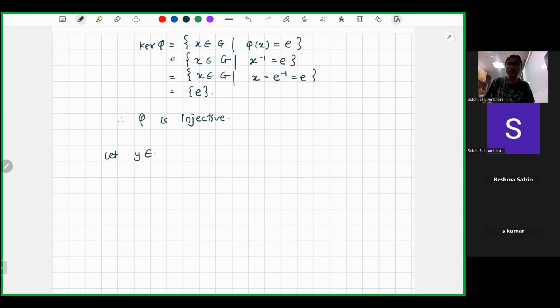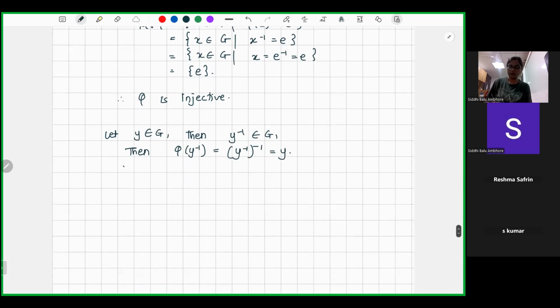So let y belong to G. Since y is in G, y inverse also belongs to G, since G is a group. Then phi of y inverse will be y inverse inverse, but that is just y.